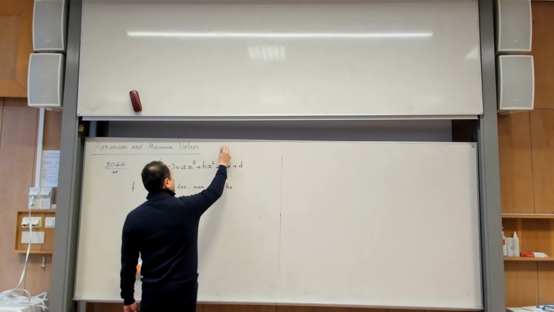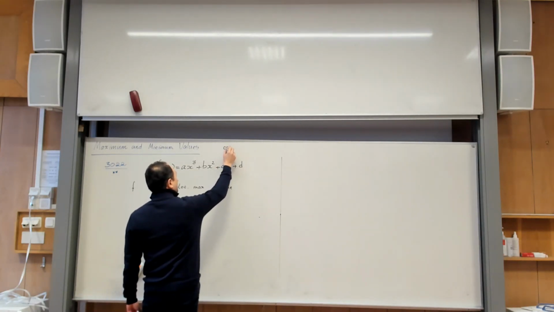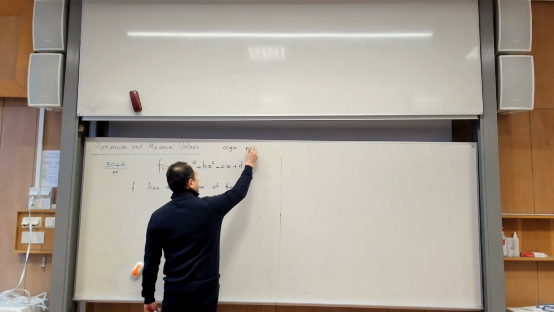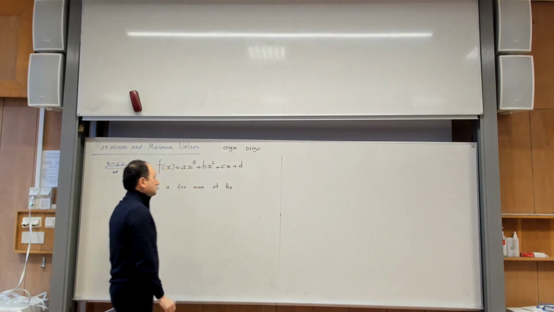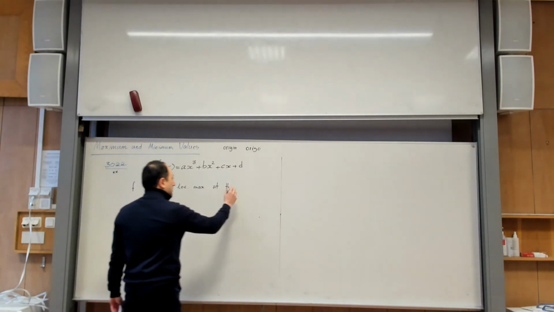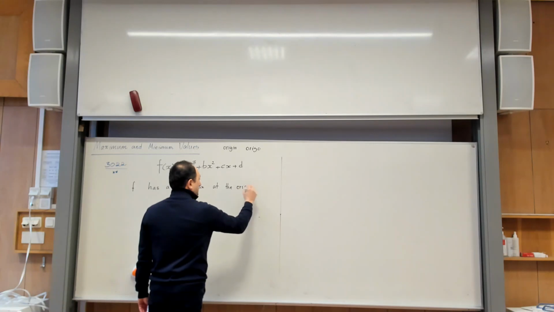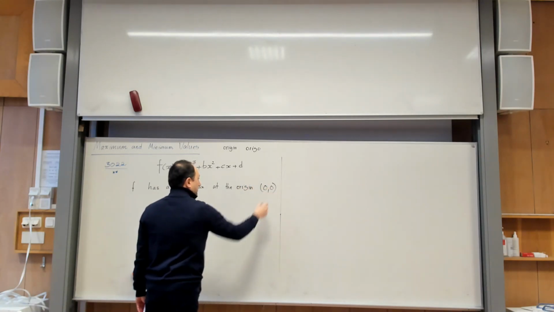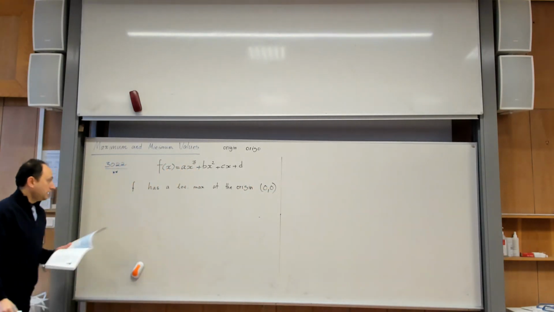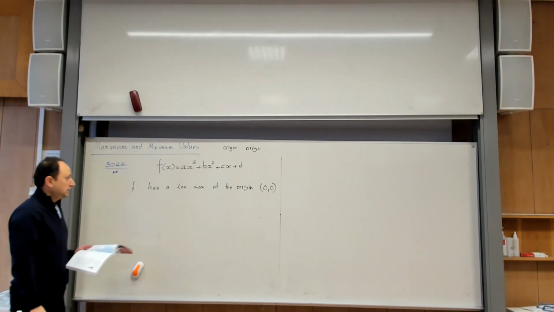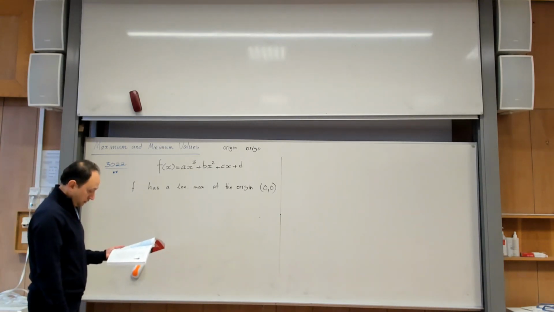In the previous exam, many people didn't know about the origin. Origin is just a translation of origo, yes? At the origin, what do I mean? Means 0 and 0. We know that f has a local maximum at the origin, 0 and 0.